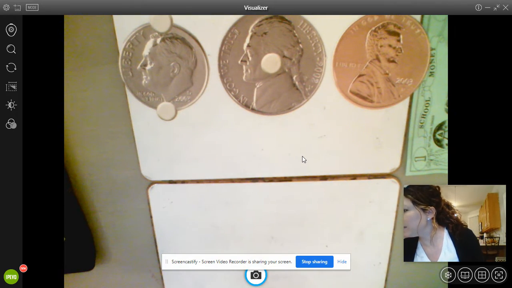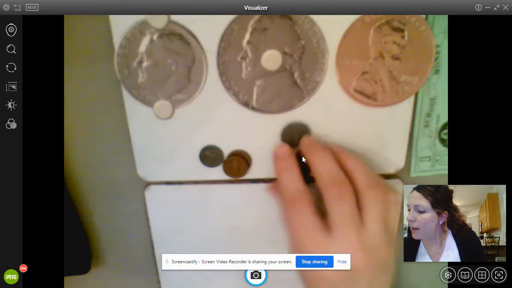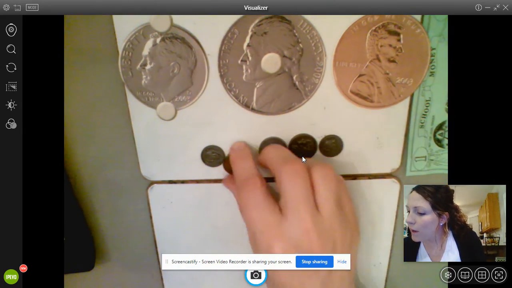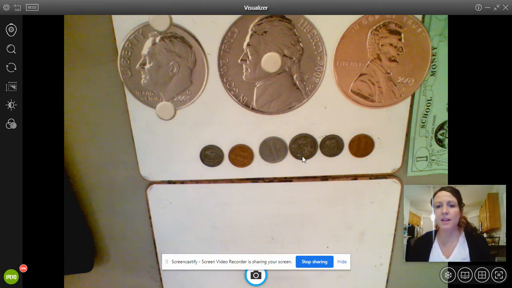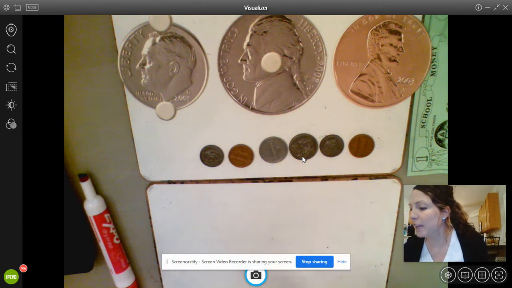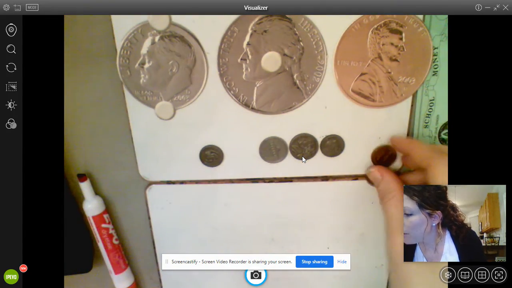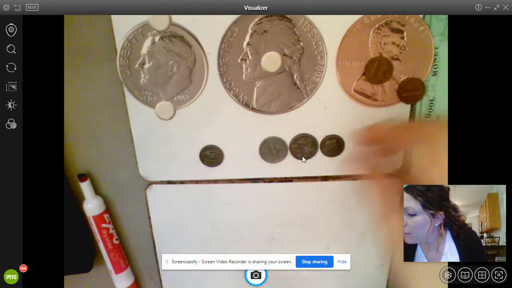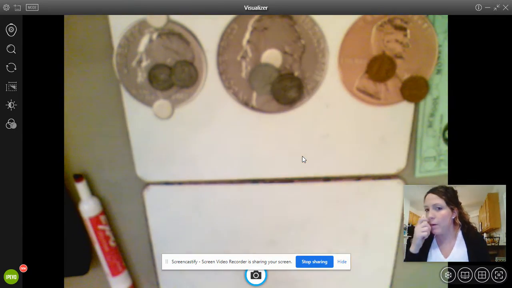If I was given, I'm just pulling a random amount, a line of coins, I want to group them in the like coins. So my pennies will go over here on my penny, my dimes will go over here, and my nickels will go here on my nickel.